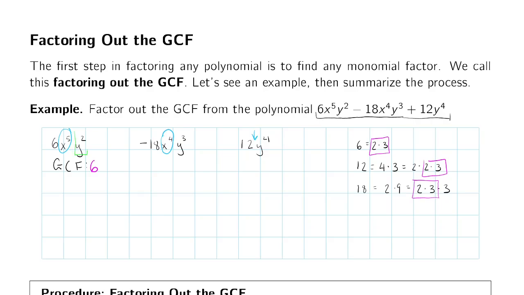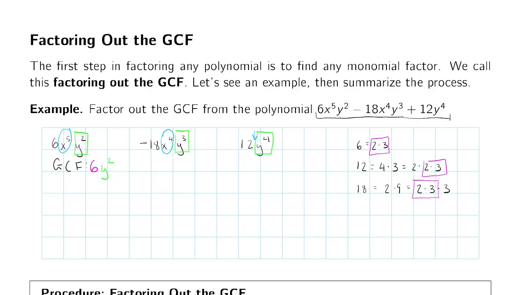Looking at y, I see a y squared, a y to the third, a y to the fourth. Lowest power of y is y squared. I claim the greatest common factor of these three monomials is 6y squared. Now I'm left with the question, what is it that I need to multiply 6y squared by in order to get each of these monomials?